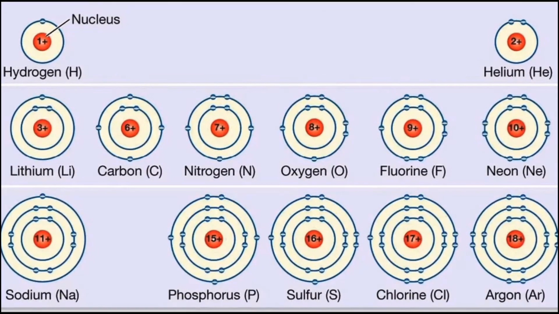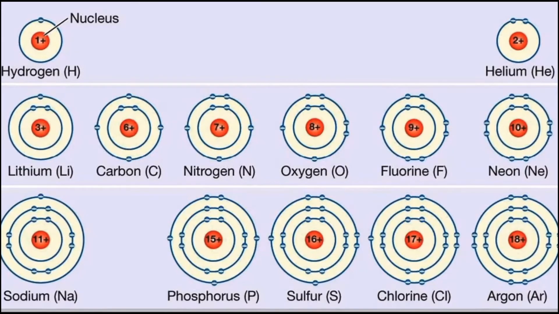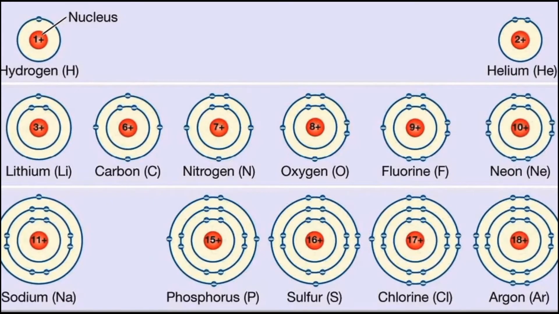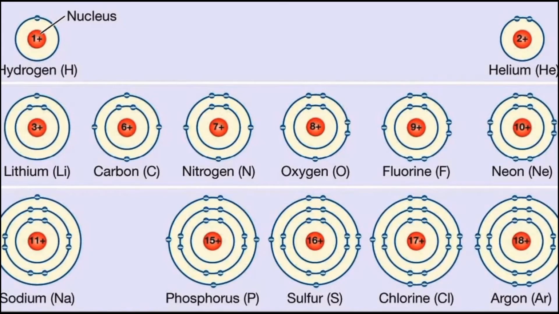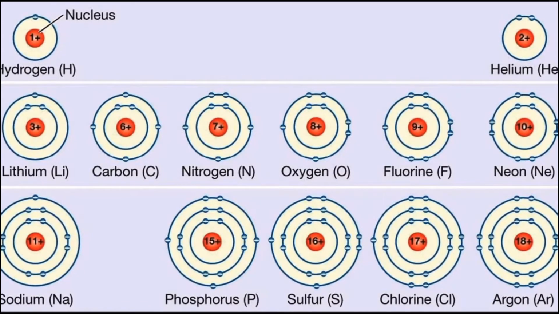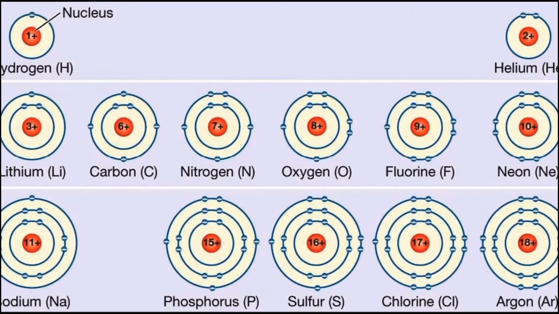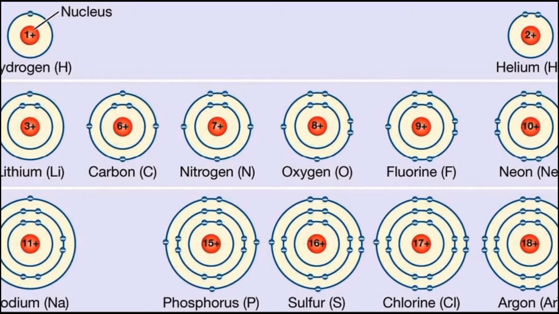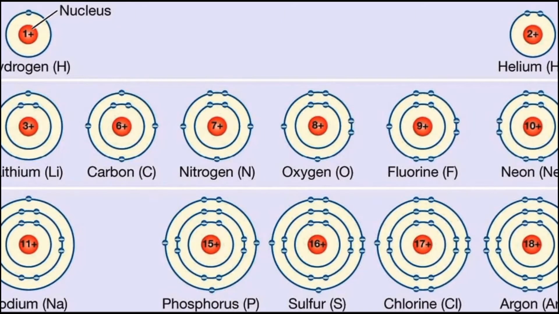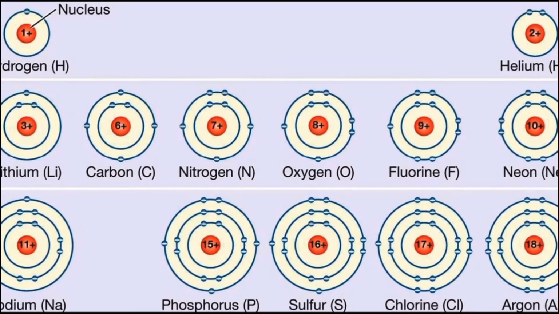And these energy levels can only hold a certain number of electrons. For example, the first energy level can only hold 2, and the second energy level can only hold up to a maximum of 8. So if you notice in group 1, hydrogen, lithium, and sodium all have different numbers of electrons, but all have 1 electron in their outermost energy level. And of course, because of this, they share similar chemical properties.